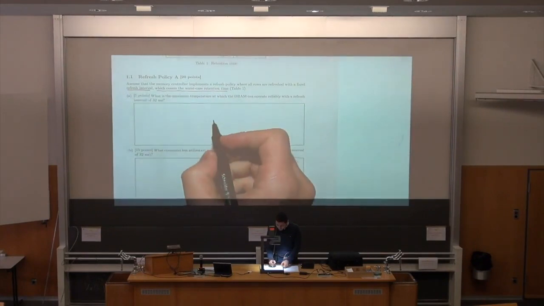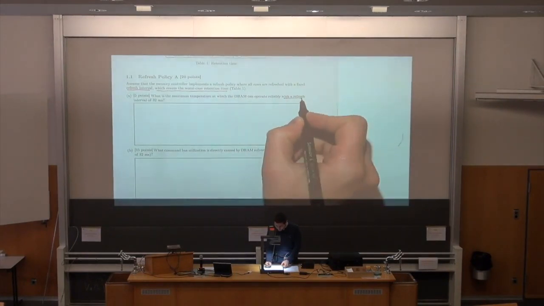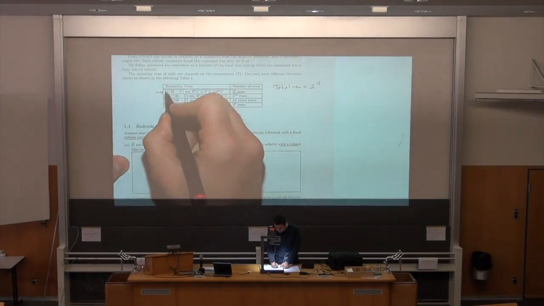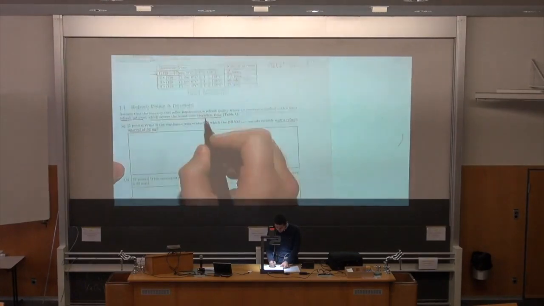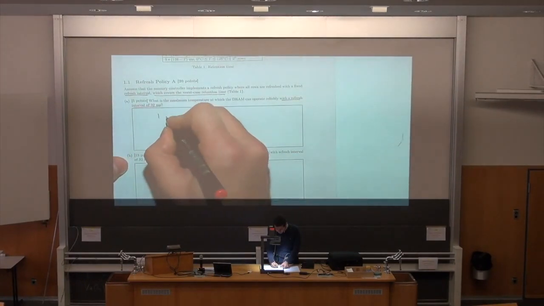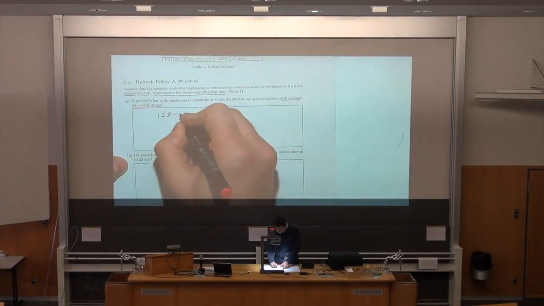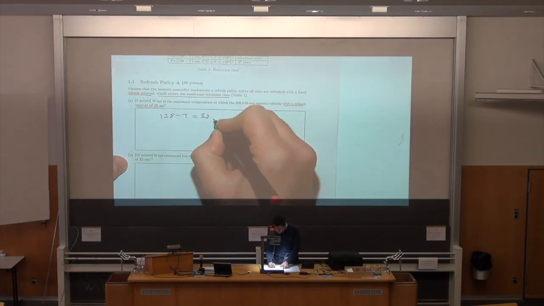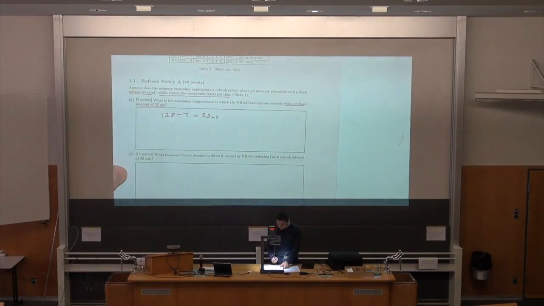Given that, A says let's assume that the refresh interval is 32 milliseconds. So what can be the maximum temperature so that the DRAM can operate reliably? Basically, I will take this one and solve for T given the refresh interval, which is 32 milliseconds.